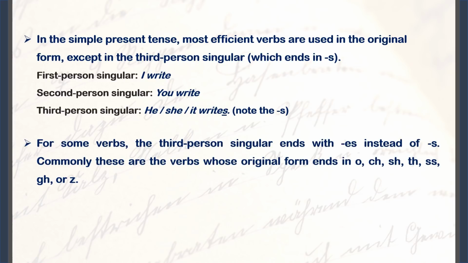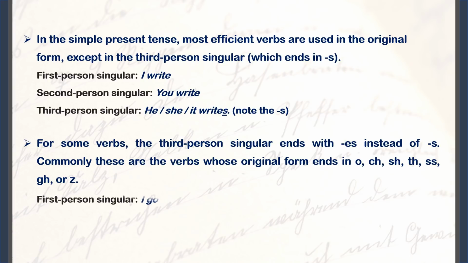For some verbs, the third person singular ends with es instead of s. Commonly, these are the verbs whose original form ends in o, ch, sh, th, ss, gh, or z.